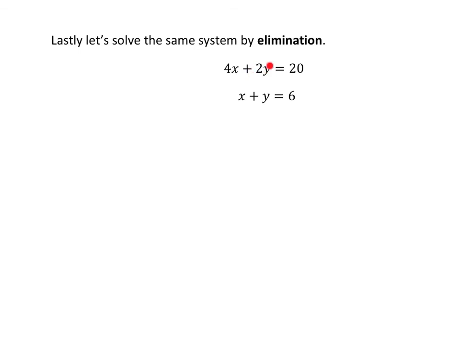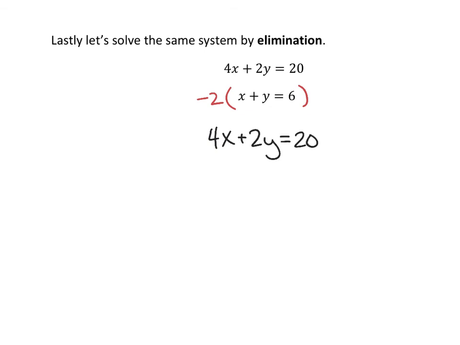So if I needed the y's to cancel out, this would need to say negative 2y, which means I need to multiply the whole equation here by a negative 2. Okay, so my new equation didn't change the top one at all, so I'm going to rewrite that down.